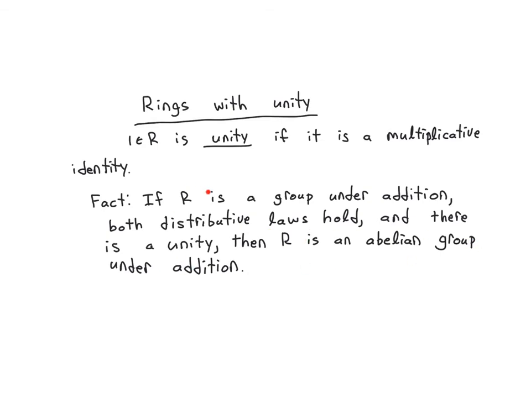In particular, this means that R is a ring with a unit. So the only thing I'm skipping here is I'm not assuming that you have commutativity under addition. I'm concluding that you get it.